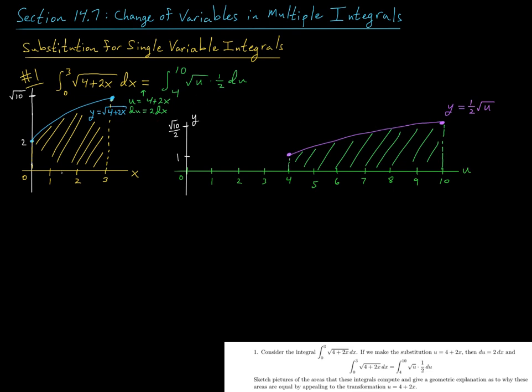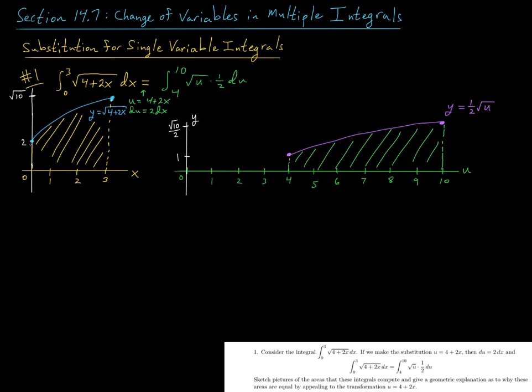Okay, so first note that this interval from 0 to 3 has length 3, and this interval from 4 to 10 has length 6. So there has been a horizontal stretch by a factor of 2. The other thing to note here is that there's a 1/2 in front of this square root of u, and so there in turn has been a vertical compression by a factor of 2 by making this transformation.